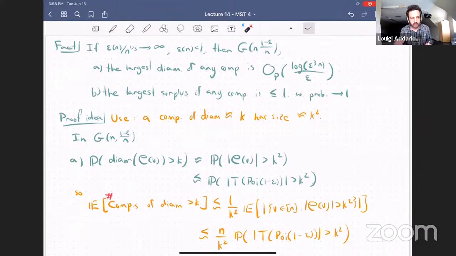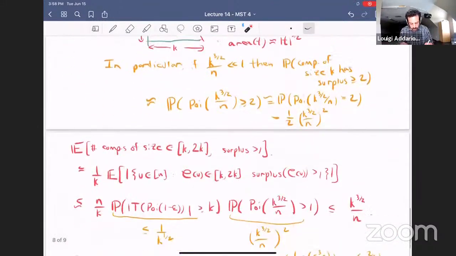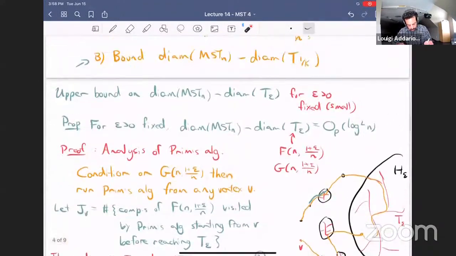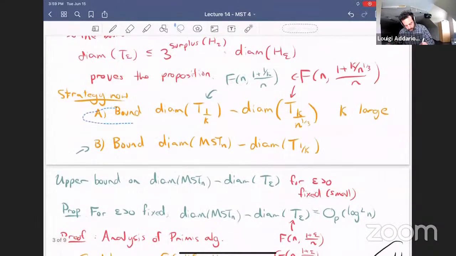Okay, so now I think we have the pieces we need, and I'll move to step A here.